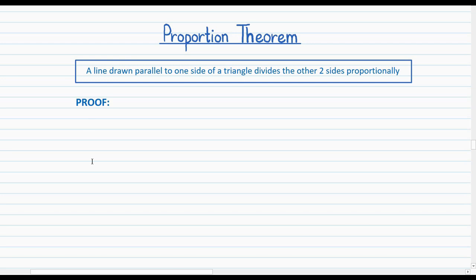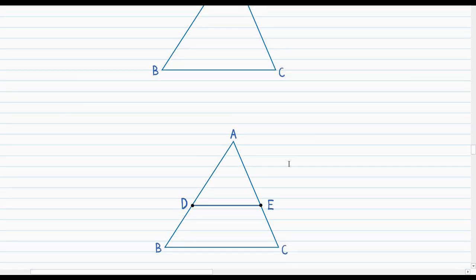So here goes. So we'll start off with a basic triangle ABC. Then the theorem says that a line drawn parallel to one side of a triangle divides the other two sides proportionally. So what I'm going to do is I'll draw a line parallel to the side BC, and I'll call the line DE, which will look like, cool.